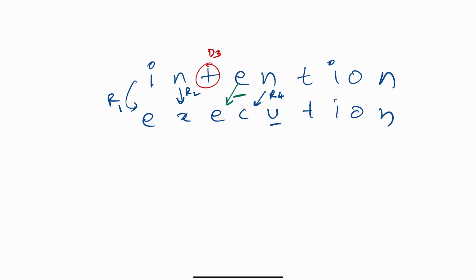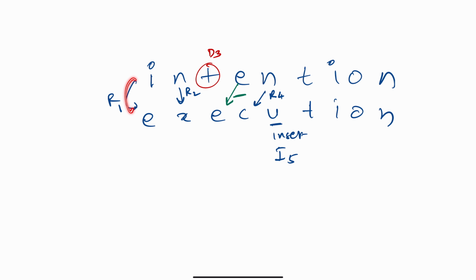So this is an insert operation. Insert u, which is the fifth operation. Now pay attention to this one. This t as it is, i as it is, o as it is, n as it is. So no more increment. So in total we required 5 operations.